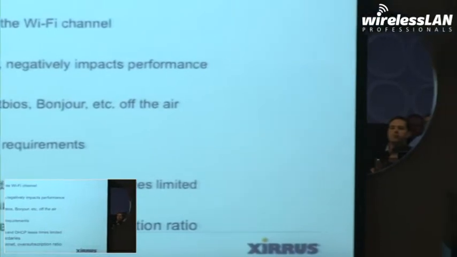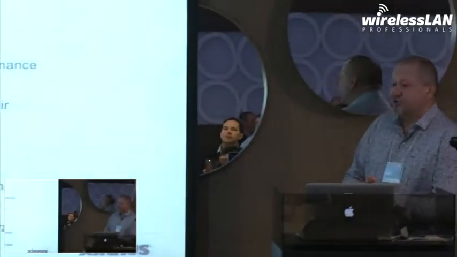You also might want to filter traffic. Most vendors have some kind of filtering mechanism on the APs to get broadcasts off the air, or very chatty protocols like mDNS. You really don't want that on a Wi-Fi network, or NetBIOS.